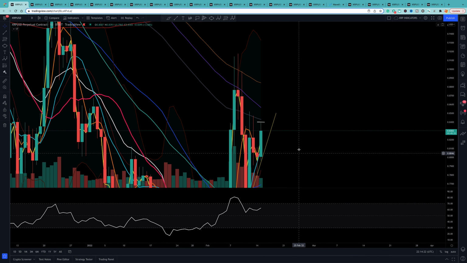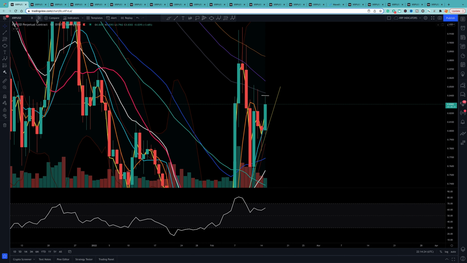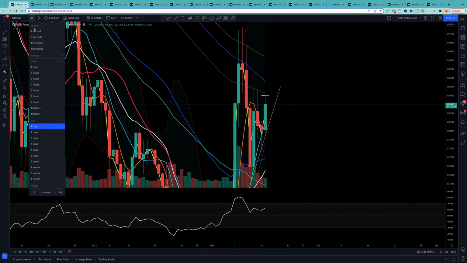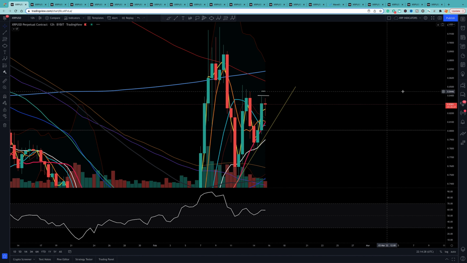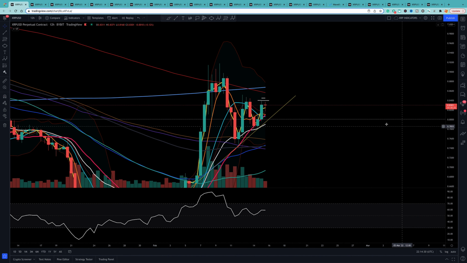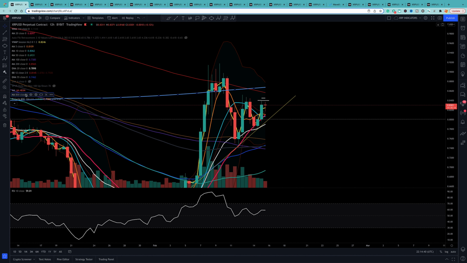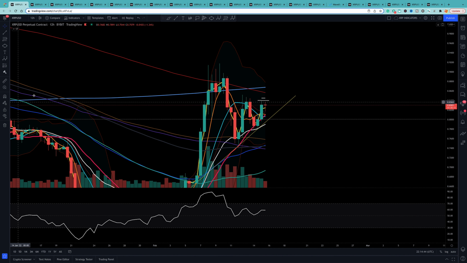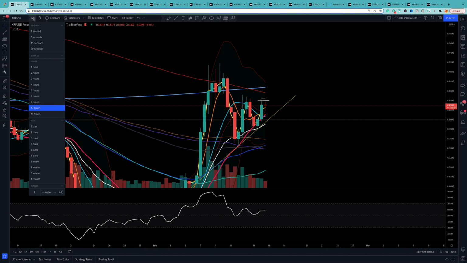You can see that they're still applying pressure. In the 12-hour, look, they're all coming underneath. The only one that's above it is the 200. This is the new one I've been putting in, the 800 MA. I'm only starting to put those in, so I know you guys use them, so I've been starting to bring them in.